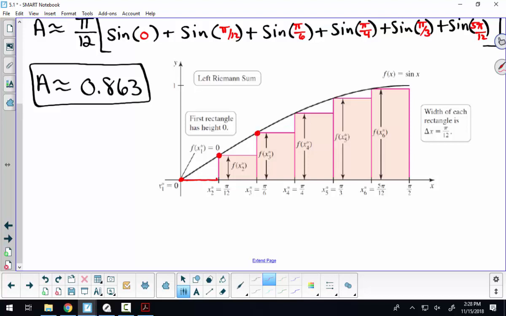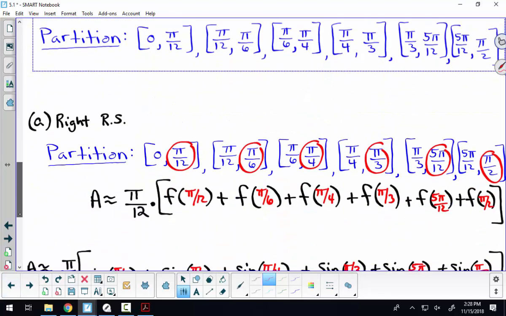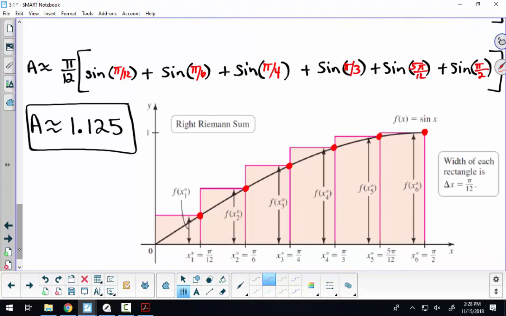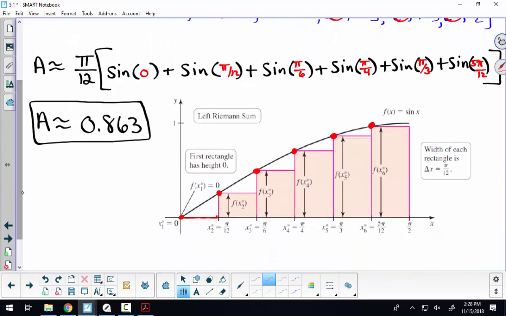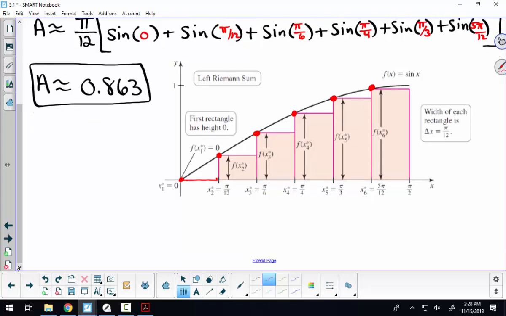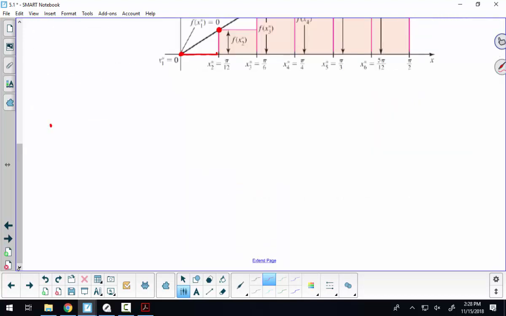And the left Riemann sum uses the left endpoint for the heights of these. So we see visually and numerically that our right Riemann sum over approximates the area because we've got all these chunks above the curve. The left Riemann sum under approximates the area. And so essentially to take the average of those two is to look at the midpoint Riemann sum, which would be part C.